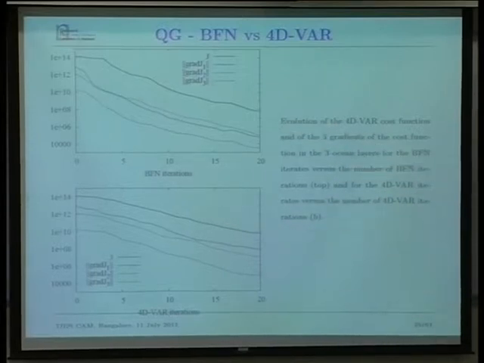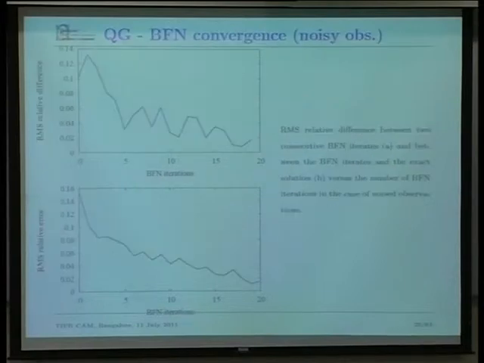Whereas the nudging, the goal of nudging is not to minimize the 4D var cost function, but as we have seen, it's a compromise between minimizing the energy of the system, but also the distance to the observations. So in some sense, you minimize also the distance to the observations and then the 4D var cost function. And you even minimize it more efficiently than the 4D var, which is quite funny.